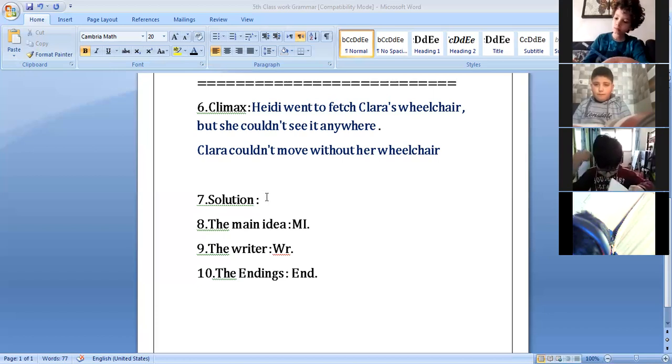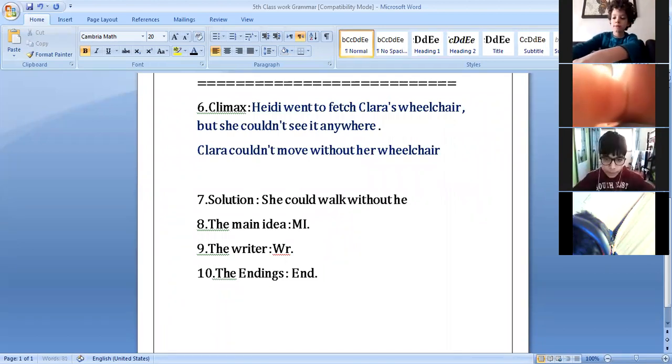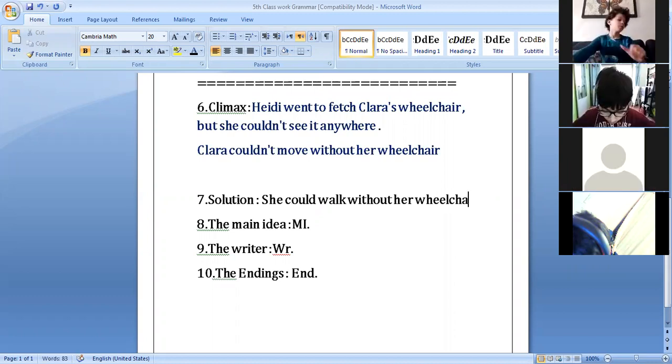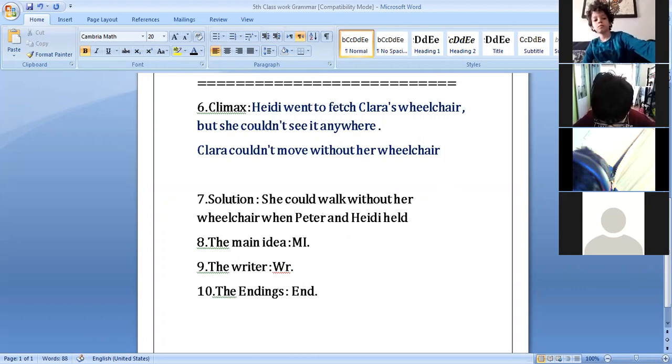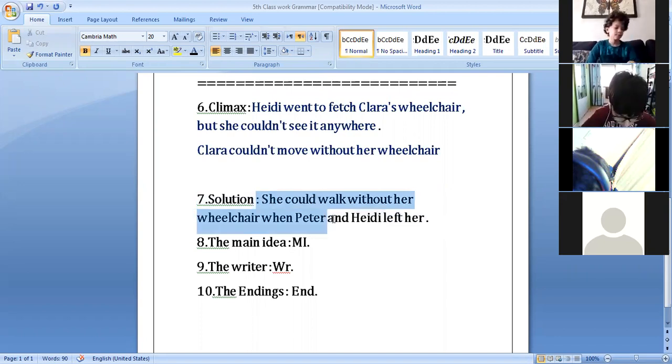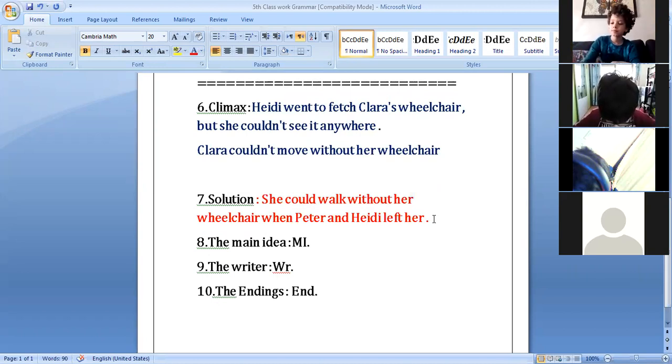So she could walk. She could walk without her wheelchair when Peter and Heidi left her. This is for the solution.